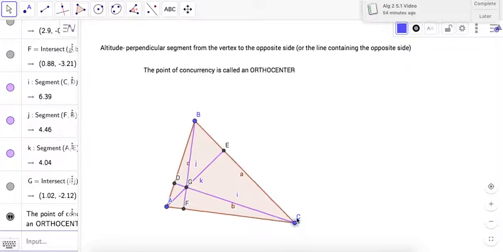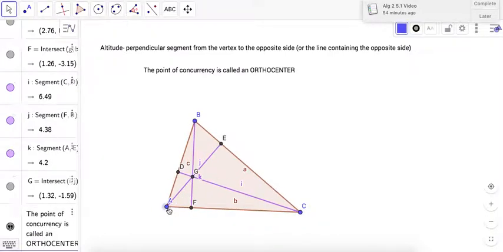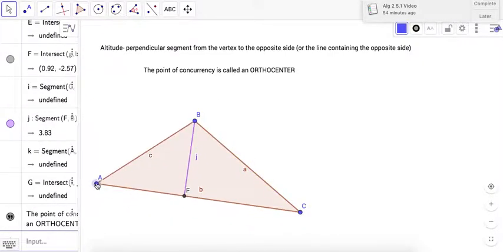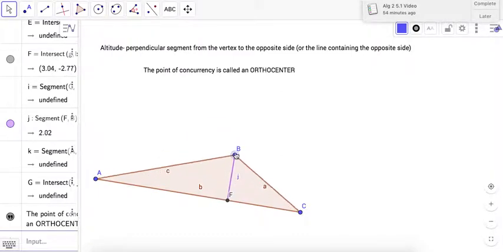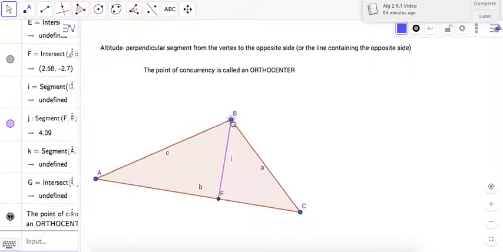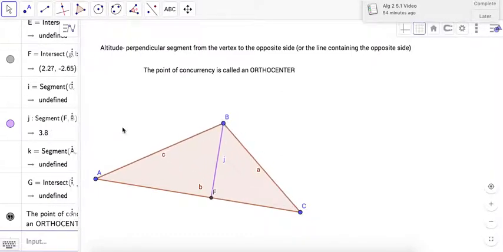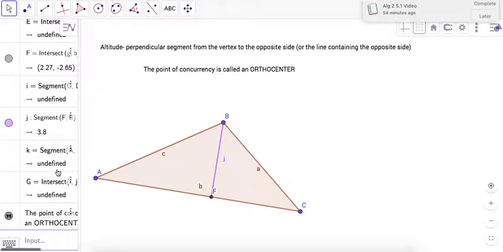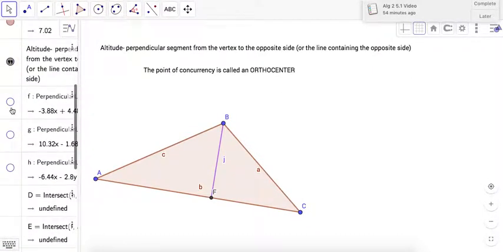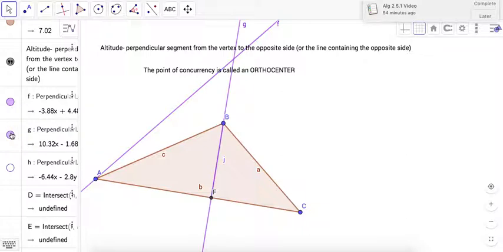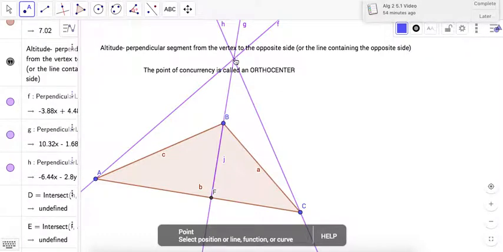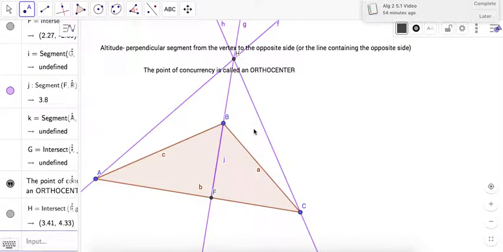I want to switch it up and make the triangle obtuse. We can't see what's going on here because we just have those segments, so let's bring those lines back. Look at where that point of concurrency is now. It's way out here.